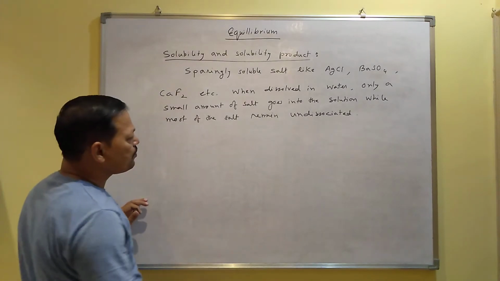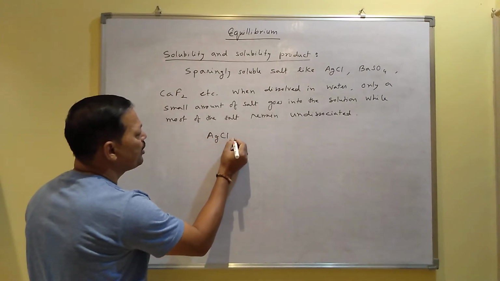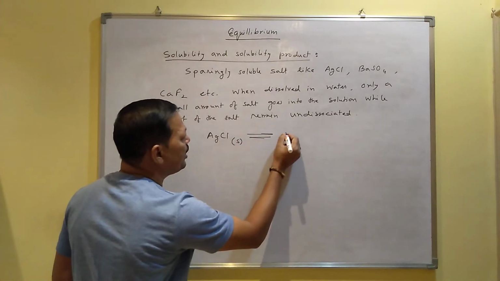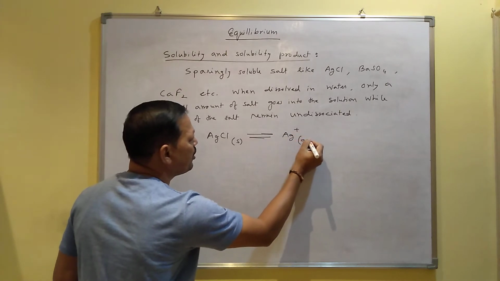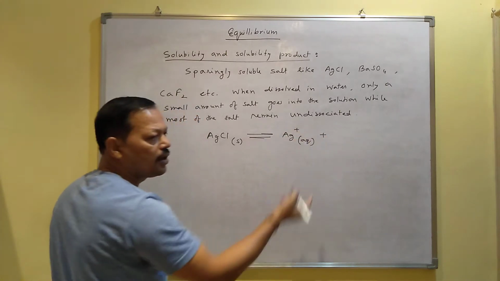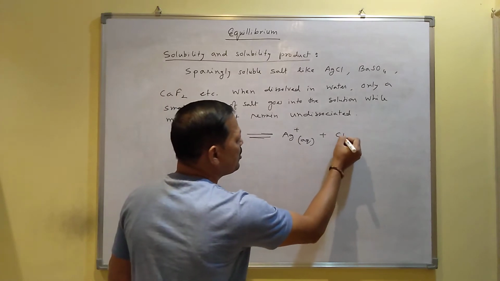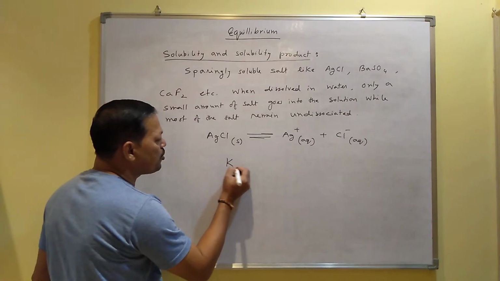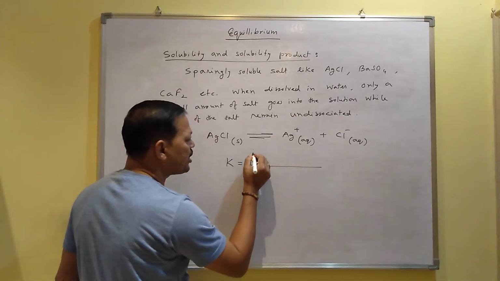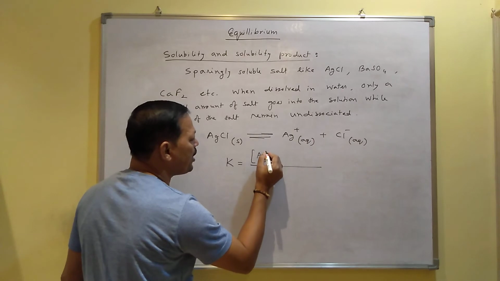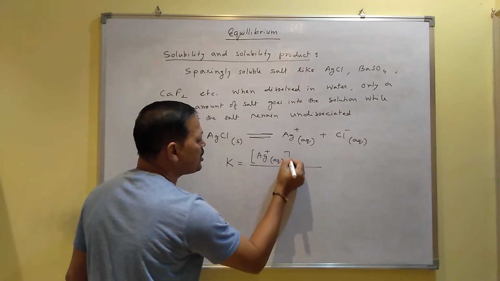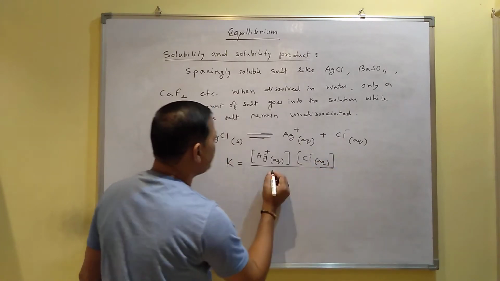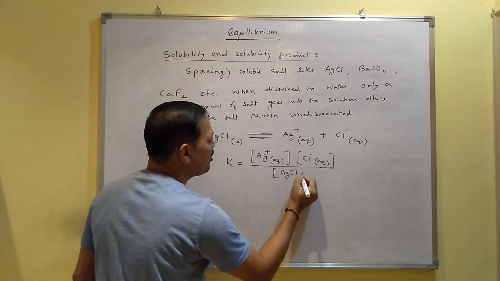For example, suppose your salt is silver chloride, it is in solid state. When you dissolve it in water, it produces a few ions like Ag plus aqueous, Cl minus aqueous. Aqueous means these are formed in water. Now when you write the dissociation constant K, it is equal to the multiplication of the concentration of ions, I mean concentration of Ag plus ion aqueous into concentration of Cl minus ion aqueous, divided by the concentration of reactant, concentration of AgCl solid.